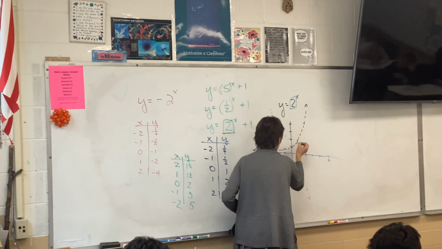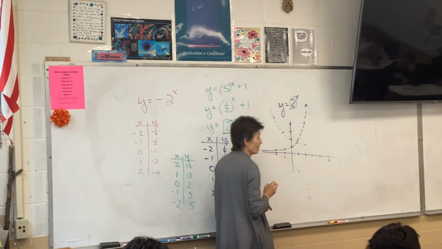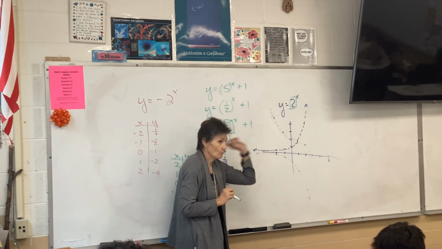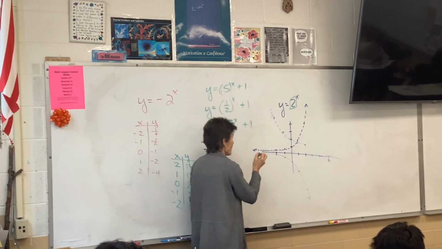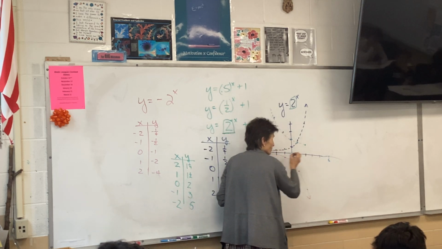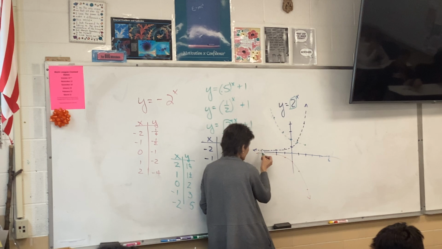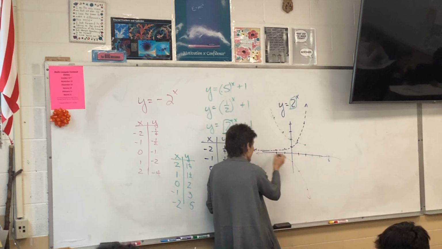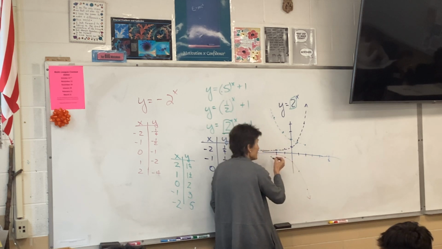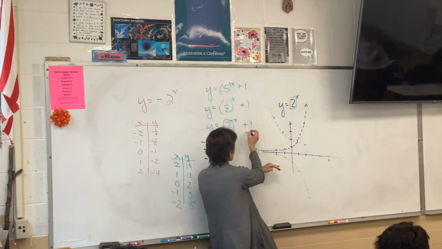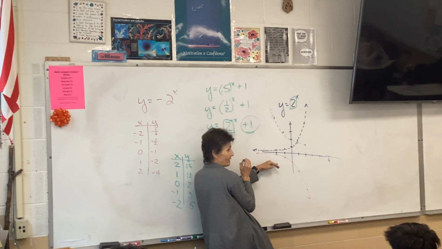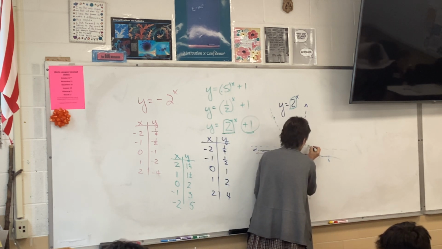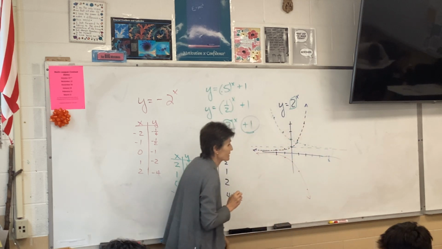Now, when you draw this one, you have to be a little bit careful. Clearly it's going to keep going that way, right? The original has its asymptote at 0. This is where, no matter which direction it's going, this is what it's going to. I have taken that asymptote though and done what with it? Up 1. So now my asymptote is here, and my picture looks like that.